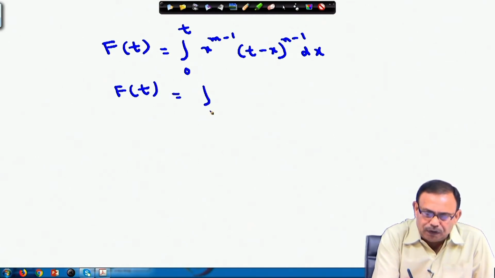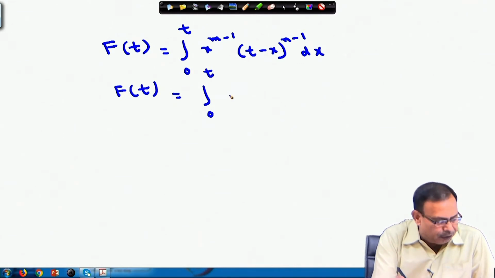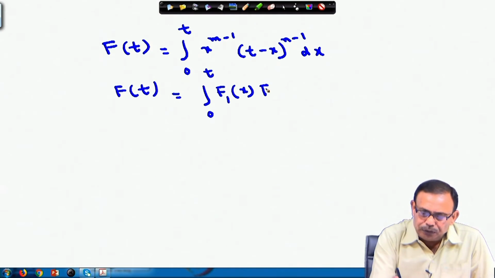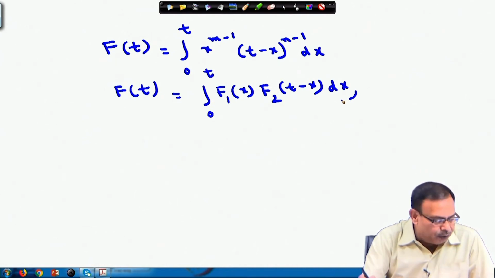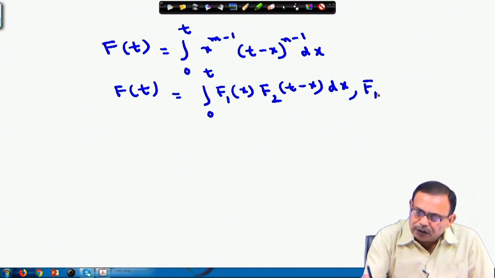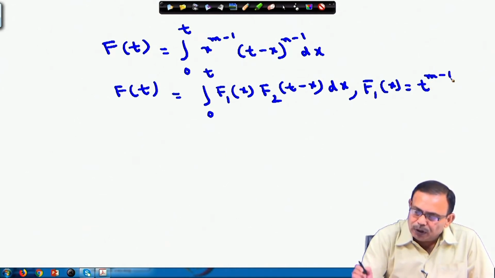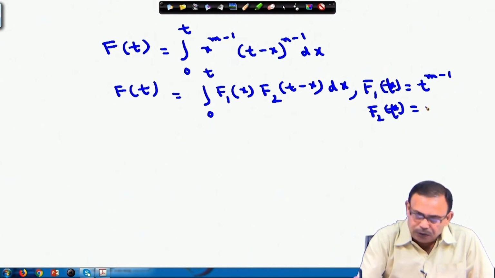So your f t you can write in the form of the integral from 0 to t of f 1 x into f 2 t minus x dx, where we can say that f 1 x is x to the power m minus 1, and f 2 t is t to the power n minus 1.